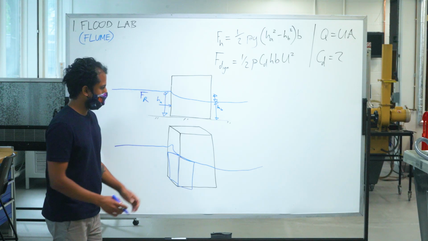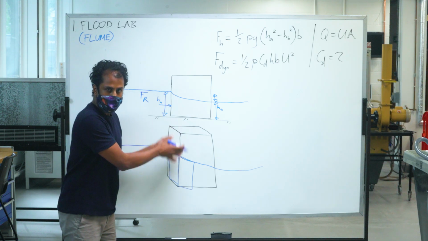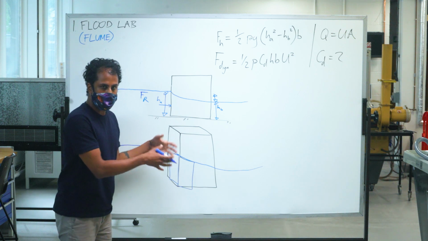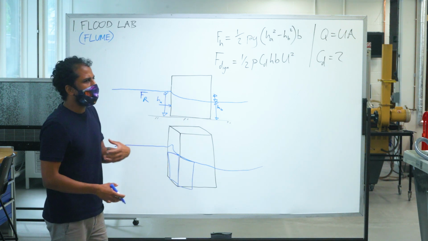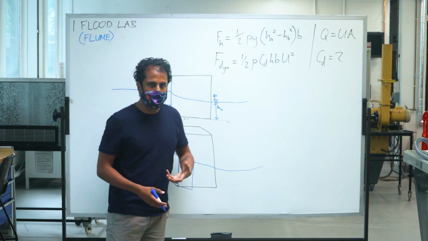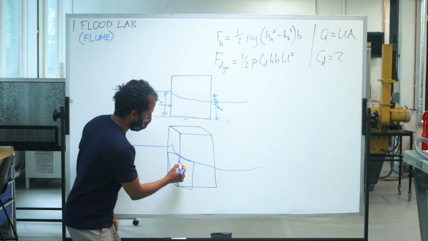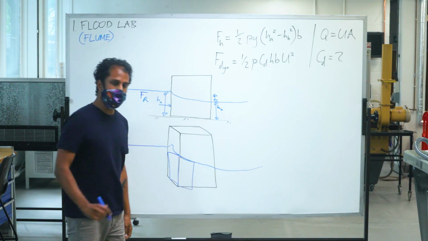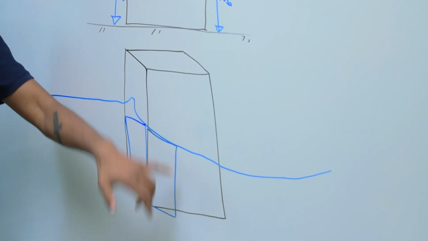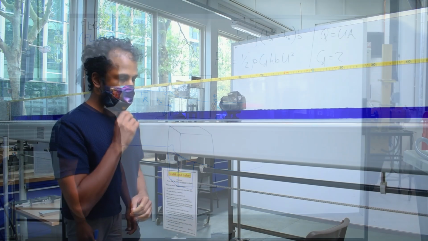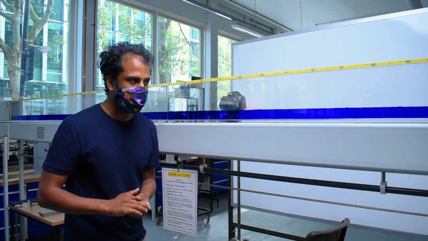Now, essentially, as soon as you put an object in that flow, you're going to reduce the area. So in order to have continuity in discharge, Q, you must therefore increase the velocity. So this is why you get an increasing velocity around the side, and as a result, you get a drop in water height.